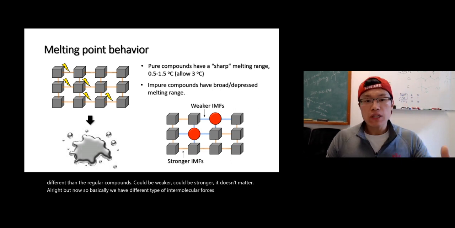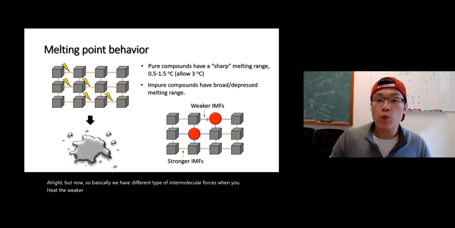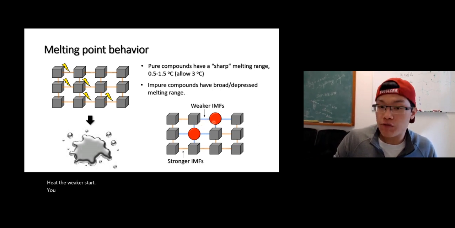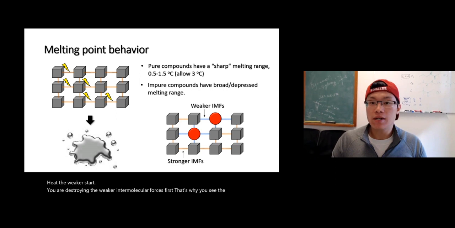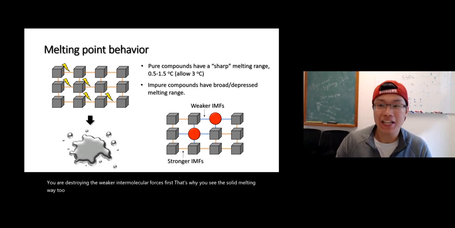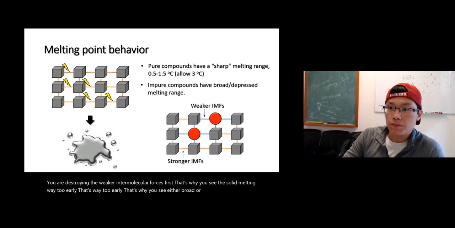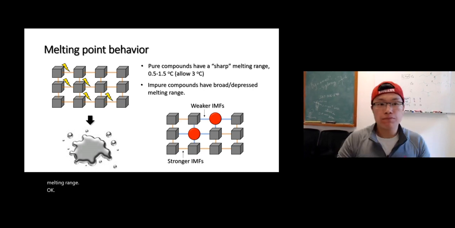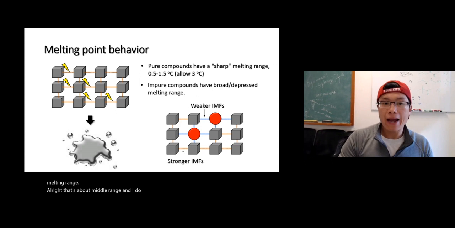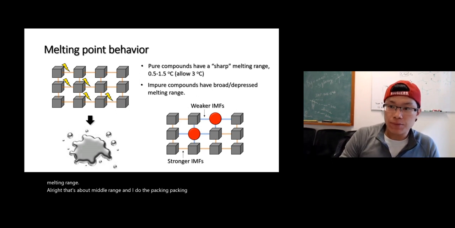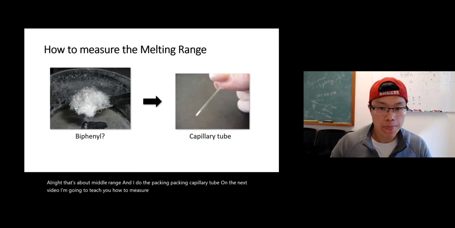When you heat up, you are destroying the weaker intermolecular forces first. That's why you see the solid melting way too early, and that's why you see either a broad or depressed melting range. That's about the melting range and packing the capillary tube. In the next video, I'm going to teach you how to measure the melting range.